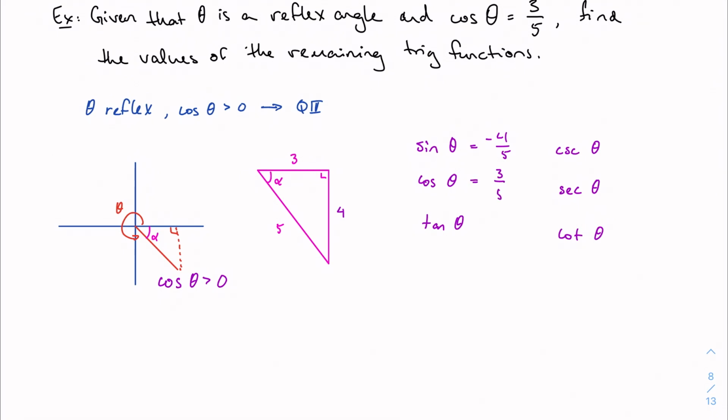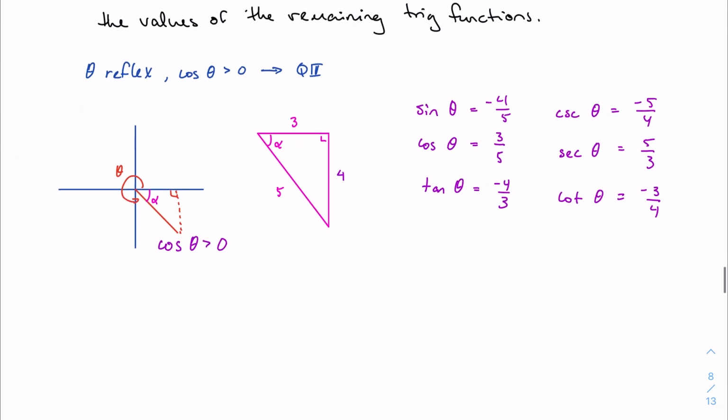Cosine we're told is 3/5, tangent is negative 4/3. Cosecant, secant, and cotangent are just the reciprocals, right? So you have negative 5/4, positive 5/3, and negative 3/4. So just an introduction to those first few functions.